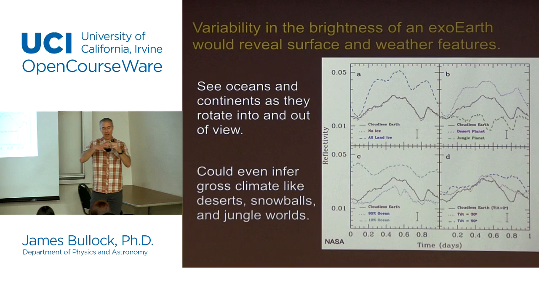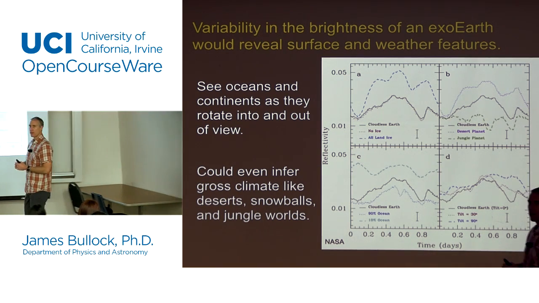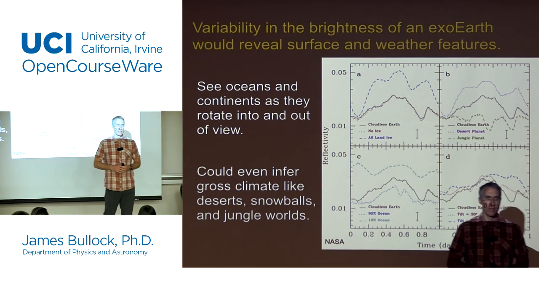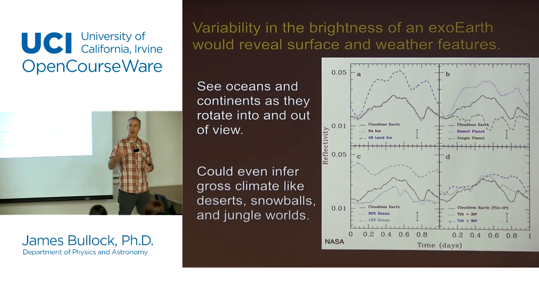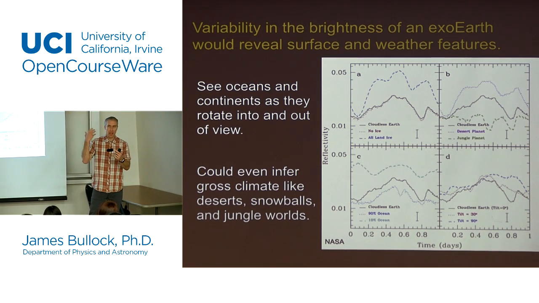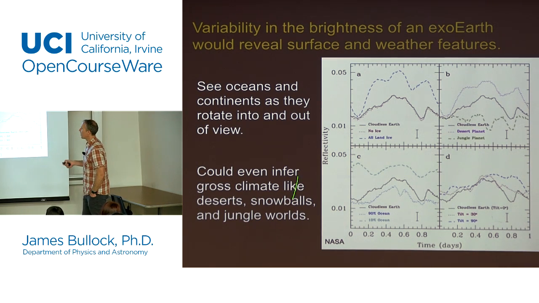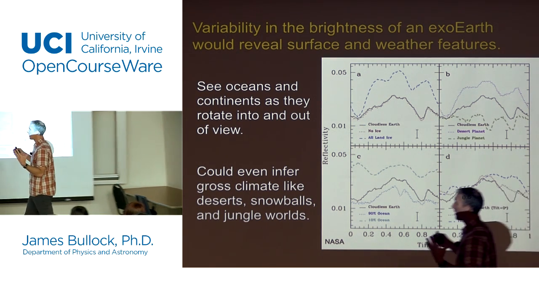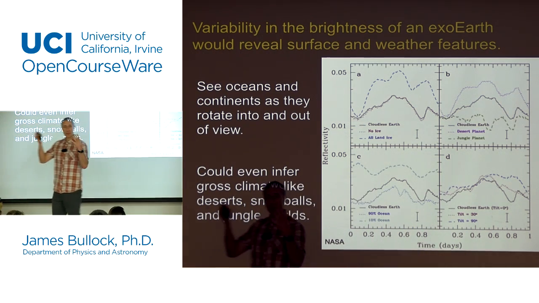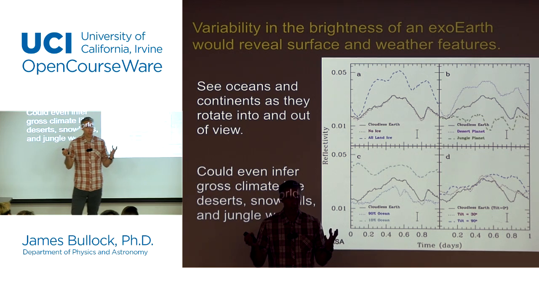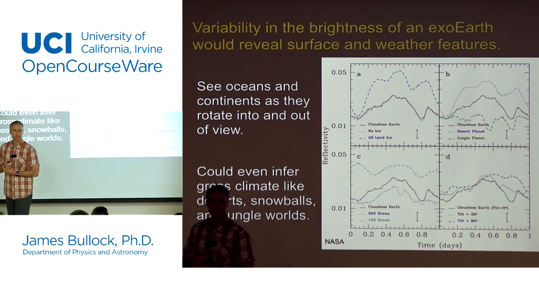So if you build up a lot of ice on your planet, the sunlight coming in is reflected back off that ice. But then in the summertime, the ice goes away and the reflectance of the planet goes down. And so if you were to see over time a planet that was going through seasonal cycles, you would see it get brighter and dimmer just because its reflected light would do that.